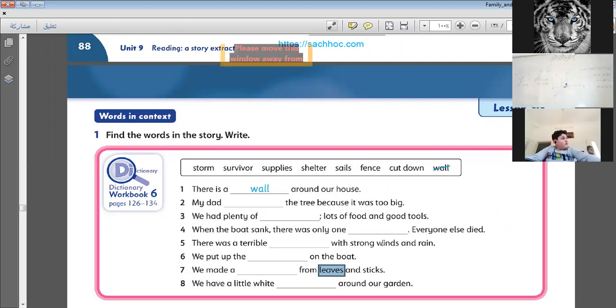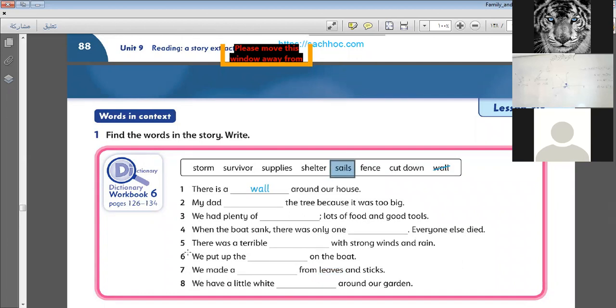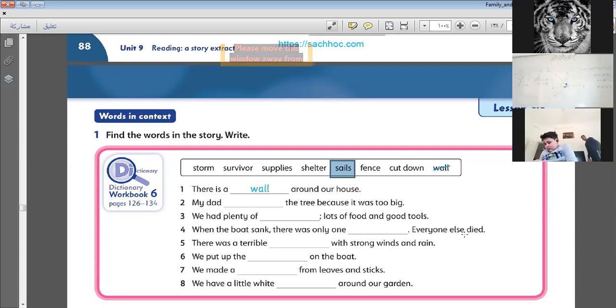As you can see, number 7, we made... sorry, number 6, sails. So number 6, sails. Number 6, sails. Now we are moving to number 7.